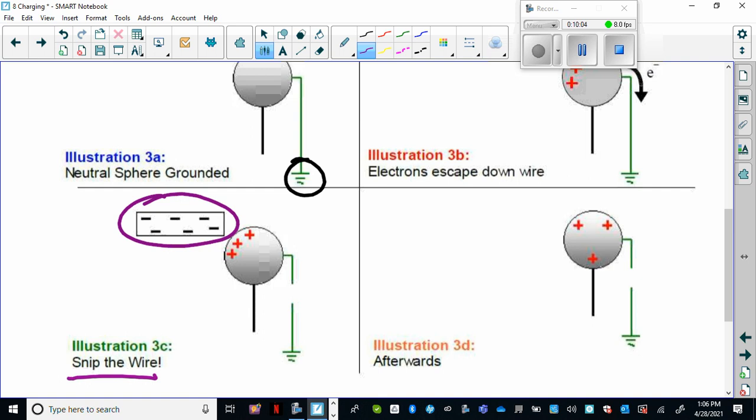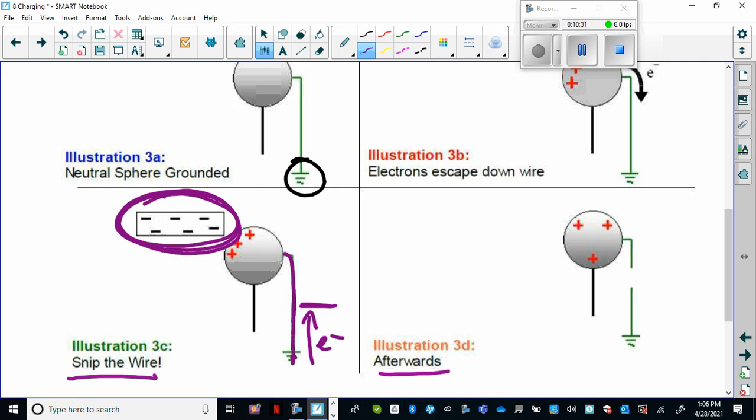So you snip the wire, and once you snip the wire, the electrons cannot get back up into the sphere, because once this object here is removed, the sphere will naturally want to become neutral again. So it's going to want to accept electrons, and if the wire is still intact here, then the electrons will just come from the Earth.